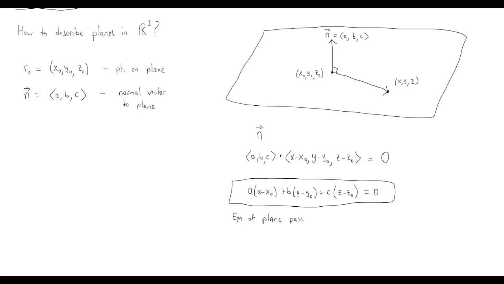So this is the equation of a plane passing through the point x naught, y naught, z naught, with a normal vector with components a, b, and c.